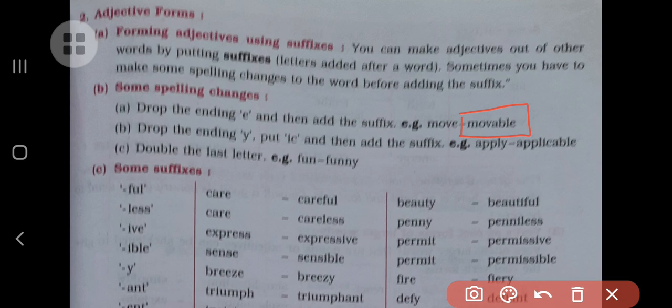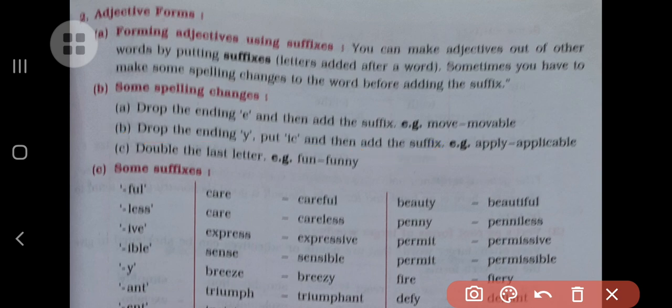So the original word is move, but when we convert it into an adjective by adding a suffix, we will see what kind of change occurs. You can see the spelling of movable is M-O-V-A-B-L-E. So instead of e, a is taken and the suffix able is added there.